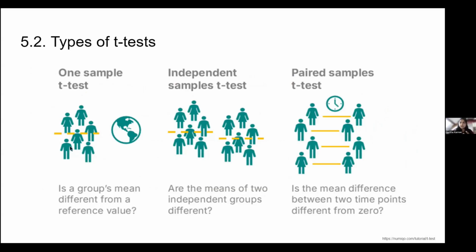Say the average height of people in India is 5'5" or 5'3" or something, and you're comparing that average to a reference of people in the world. For this kind of comparison, one could use a one sample t-test.